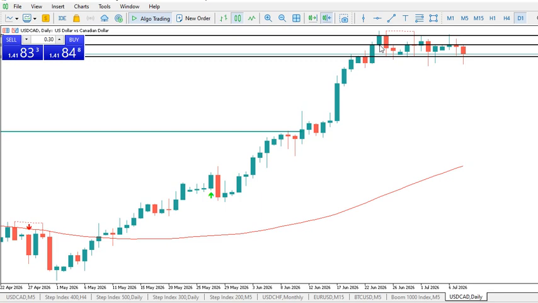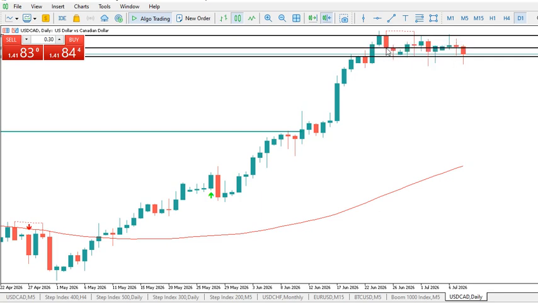So we had this level, expecting price to maybe react from here and give us a buy entry to continue higher, but it didn't. Instead, it closed bearish like this. So right now we are expecting two things. We either want price to sweep this low before continuing, or get to this level before continuing higher. Either of those two.